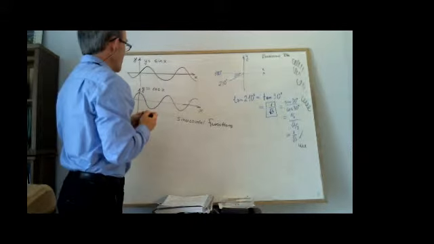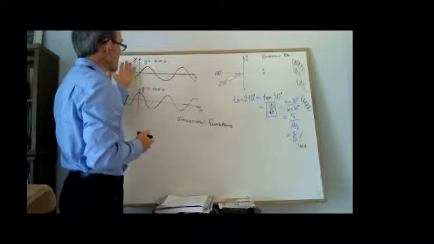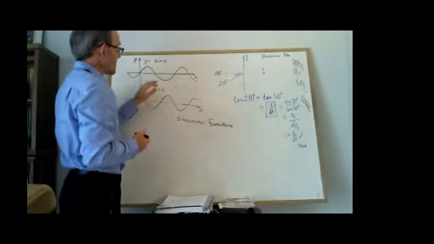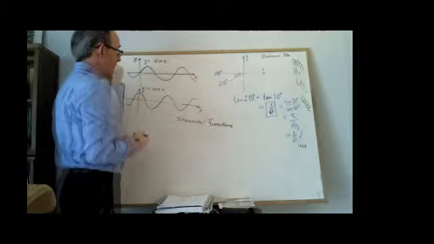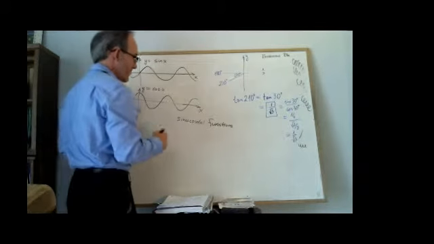By the way, reflecting doesn't give you anything different. If you reflect on the y-axis, you'll also get a sine function with the same period and the same amplitude, but maybe with a different shift in the horizontal direction. The shift in the horizontal direction will be called a phase shift.